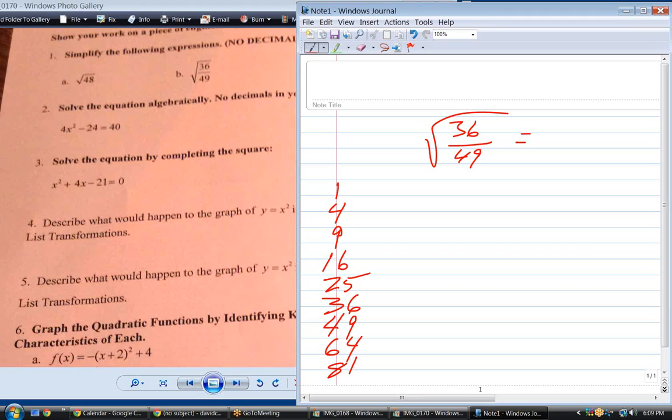Well, the first thing I want to do is say that that's equivalent to this, based on those first rules: the square root of a divided by b is the square root of a divided by the square root of b. Now, these happen to both be perfect square numbers. So what's the answer here? So 6.